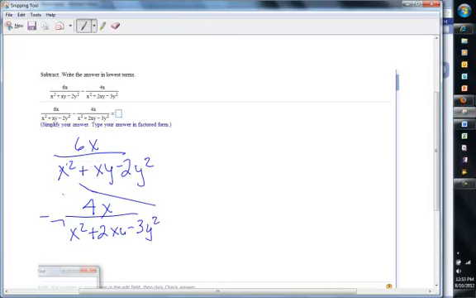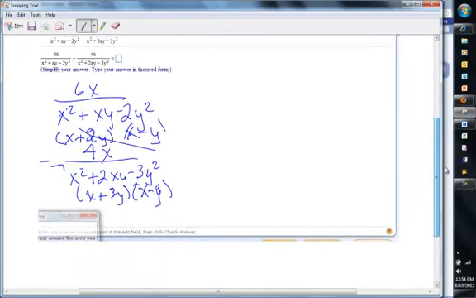Let's factor each of these. The first one factors into x plus 2y, x minus y. The second one factors into x plus 3y, x minus y.